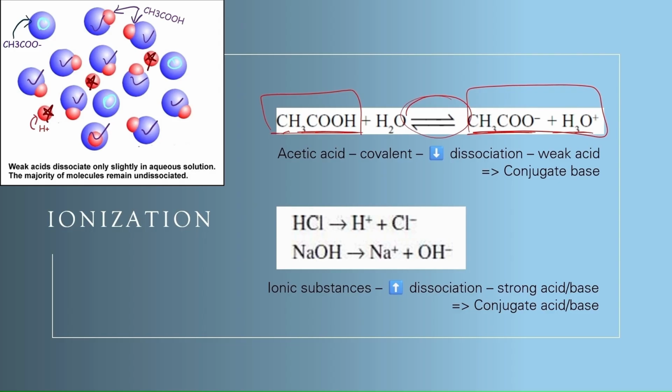But it does not mean that every undissociated acetic acid molecule stays undissociated throughout. No. As many acetic acid molecules dissociate into acetate ions, the same number of these individual ions associate back into acetic acid. Okay? So what are we saying?